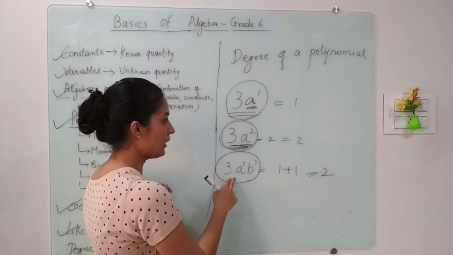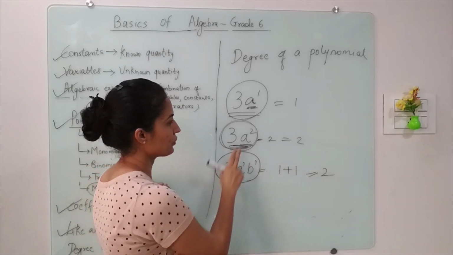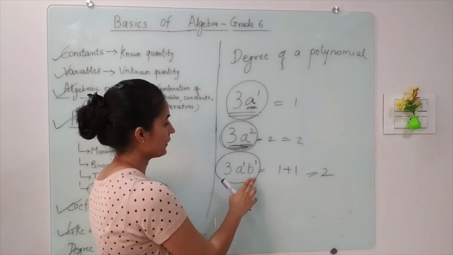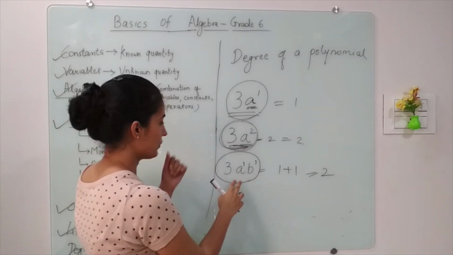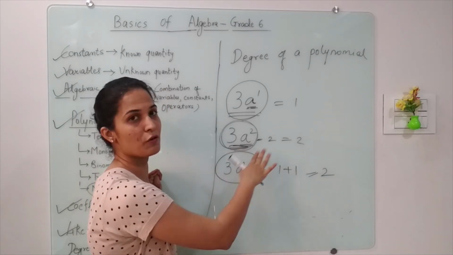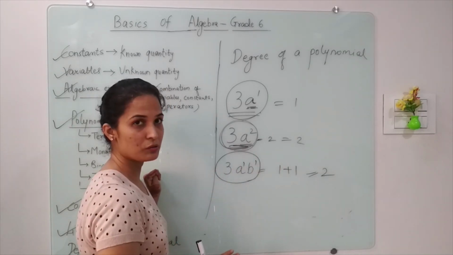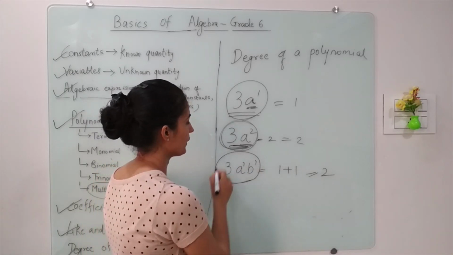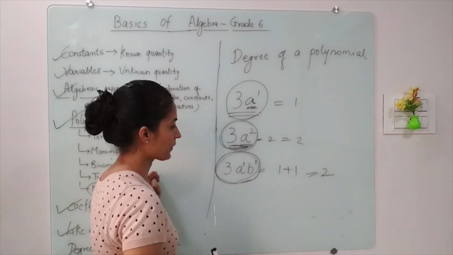Even though the degree of each of these is only 1 and 1, there are two variables here. So the degree of any term will be the addition of the degrees of all variables included in that term. So here it is 1 and again 1, so the degree of this particular expression is 2.